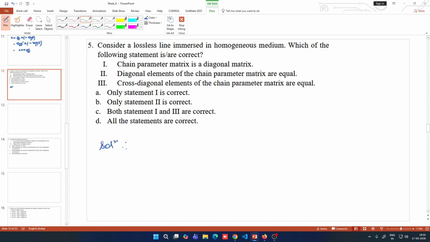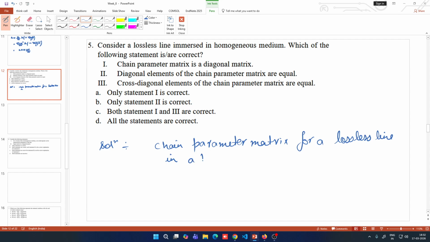So I will write down the chain parameter matrix for a lossless line in a homogeneous medium. We are denoting it as phi.